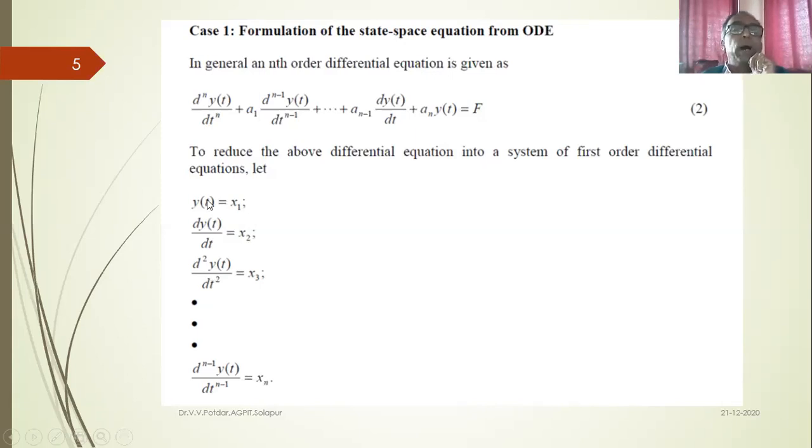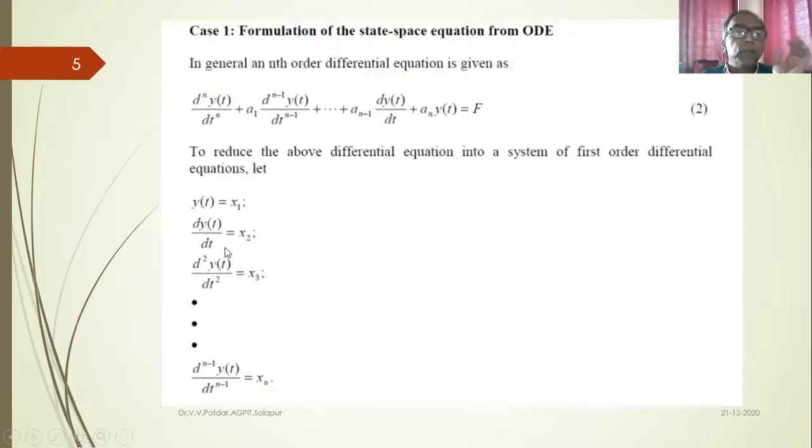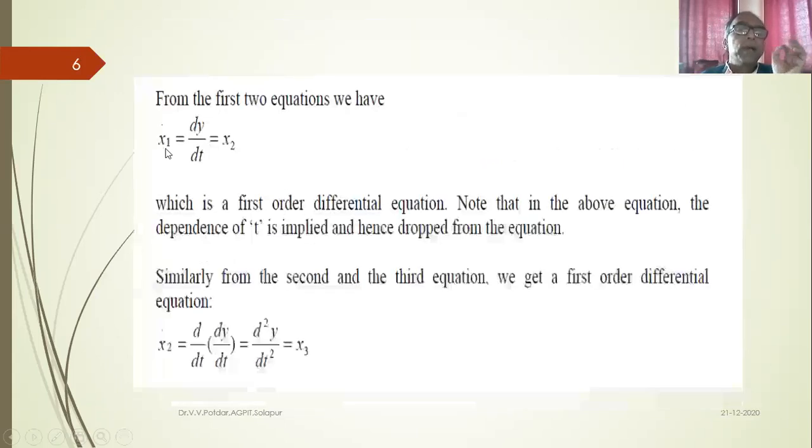This is how I replace y(t), dy by dt and d2y by dt square with x1, x2 and x3 terms. Like that, I go up to the nth term. From the first two equations, what we have is x1 dot is equal to dy by dt, which is equal to x2.